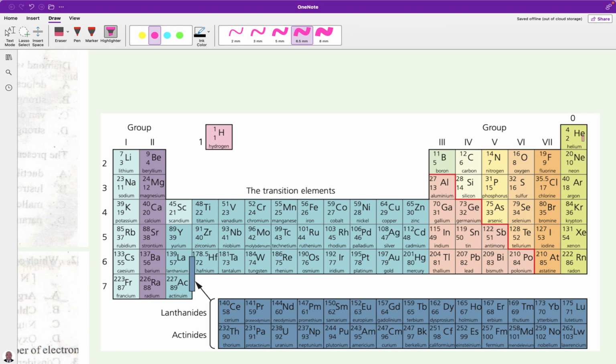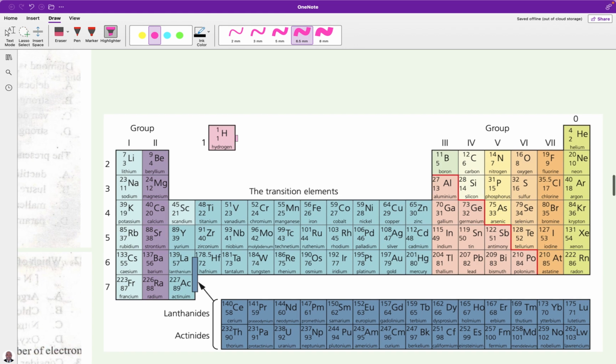But only helium belongs to a group, group 18, or group 8, or group 0 of the periodic table. Hydrogen does not belong to any group of the periodic table.